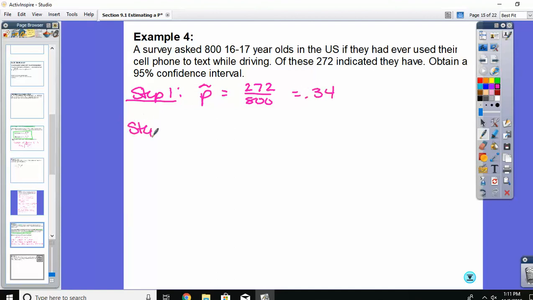Step two, we have to check the criteria, make sure we can do the p-hat stuff. So my n is 800, p-hat 0.34, 1 minus p-hat.